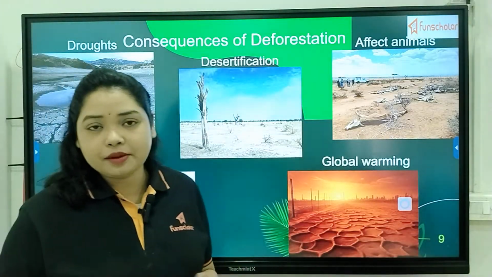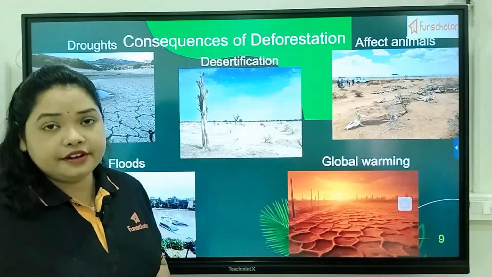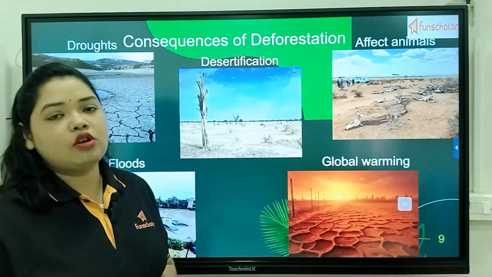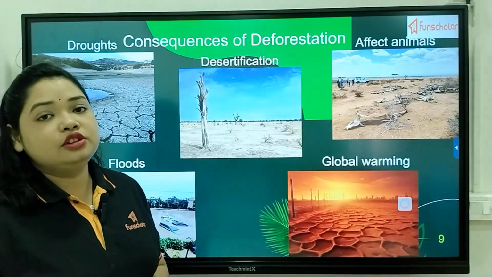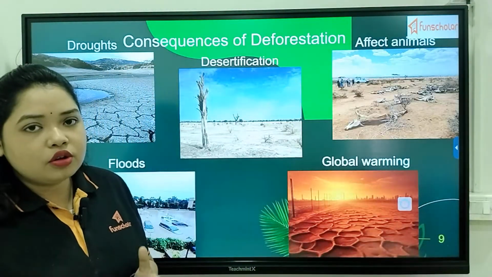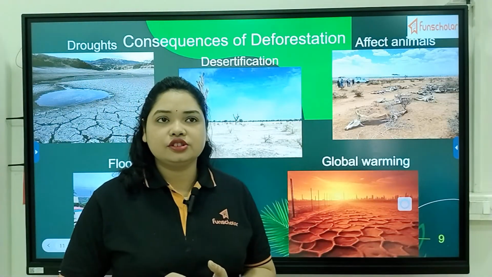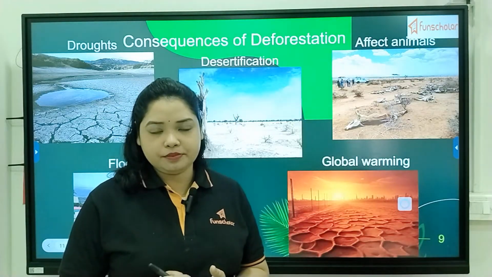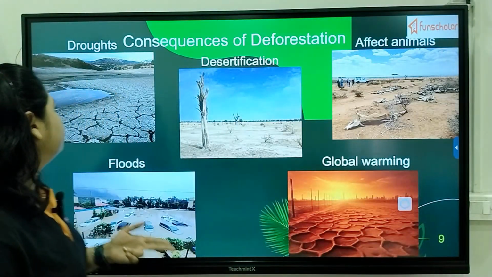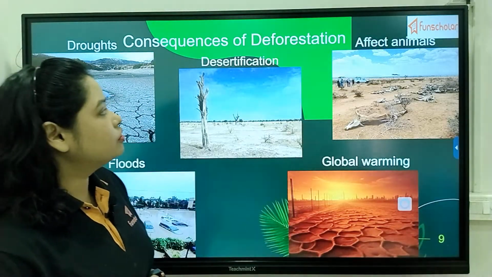The water holding capacity is reduced due to soil erosion of the top layer and the reduction of moisture in the soil due to the reduction in the water table. Together, soil erosion and the reduction in water percolation capacity lead to droughts. Then desertification I have already talked about.